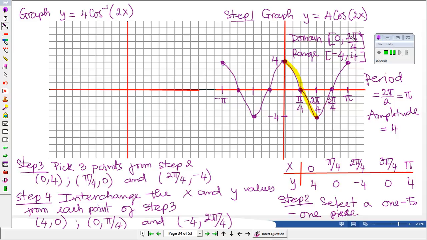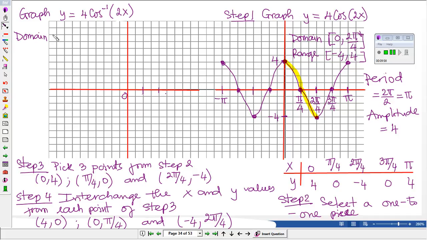So I'm going to plot the points now. Again, the domain for my given function becomes the range. Oh, I'm so sorry. The domain becomes the range, and the range becomes the domain. So let me fix this. The range now becomes the domain.